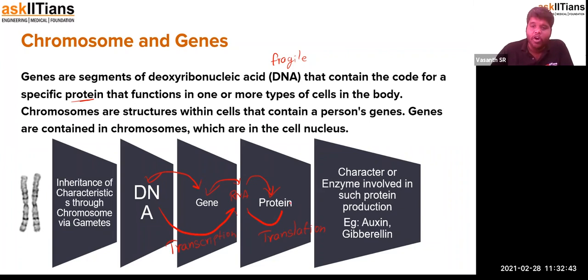So the protein formed will undergo secondary modification, which we'll be studying in higher classes in 11th standard under the chapter biomolecules. So this modification will actually make it functional. Okay, so that modification will make enzymes, or even functional structures, or signaling machineries. So it could be any of it.